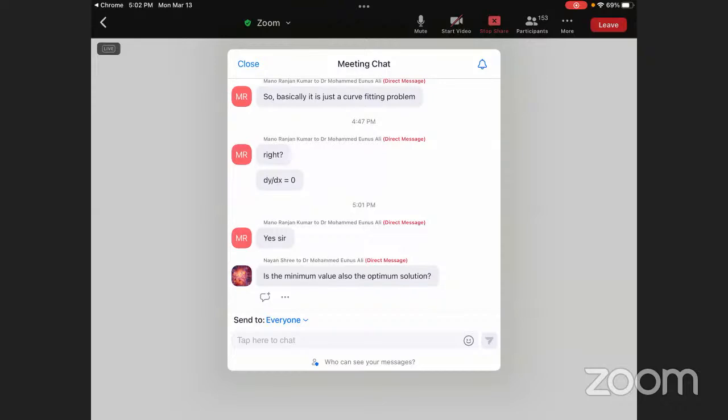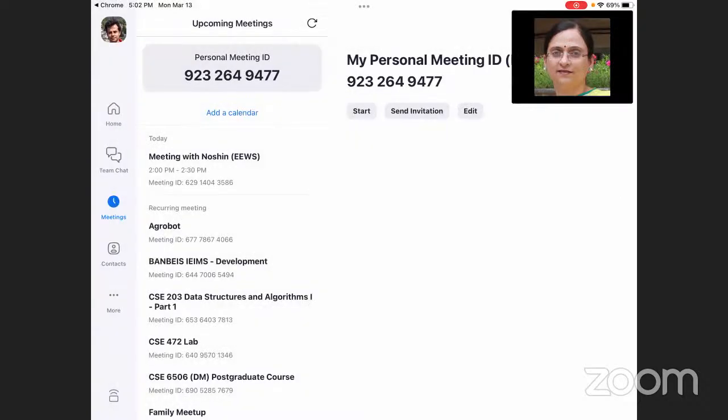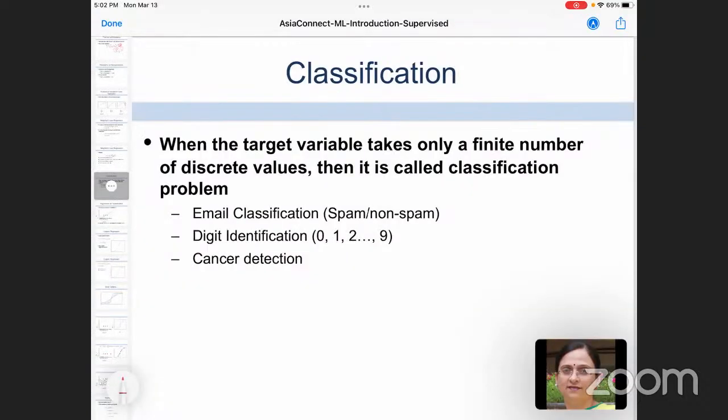Next I'll go to classification. So what is classification? I have already discussed this: when the target variable takes only a finite number of discrete values, it is called classification. Like if you want to classify your email as spam or non-spam, or classify a handwritten digit, it can be only 0 to 9.